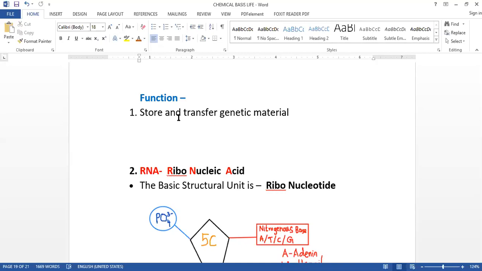Okay, so look, when this gene order changes, then what happens actually? For example, a gene order for something like fair color, and one deoxyribonucleotide would change.